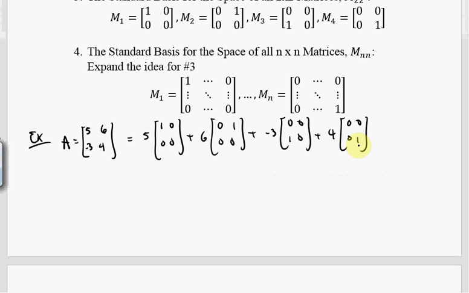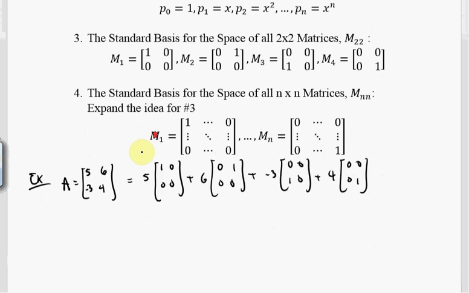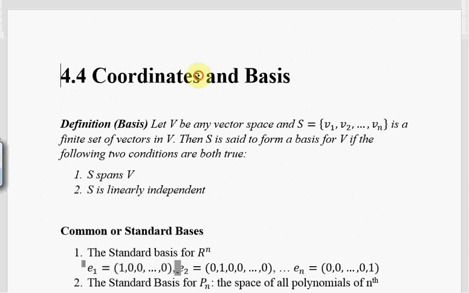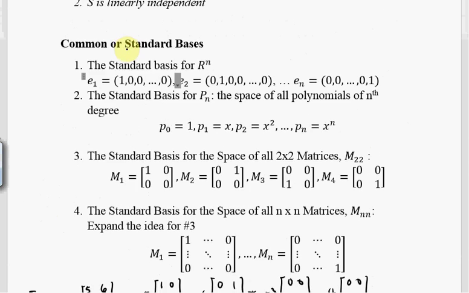These matrices with zeros and ones are said to form the basis. Now, the numbers on the outside will actually give us what we call the coordinates. We'll talk about that when we come back.